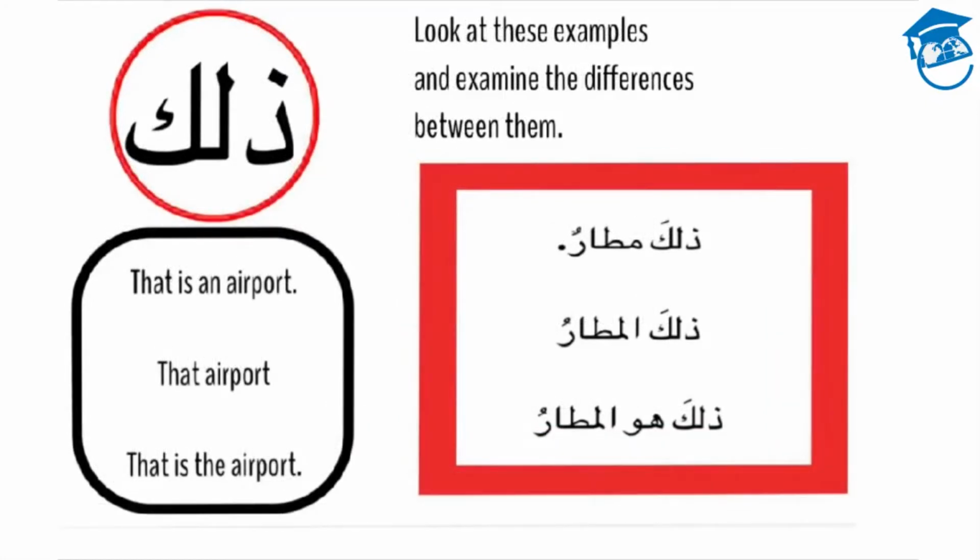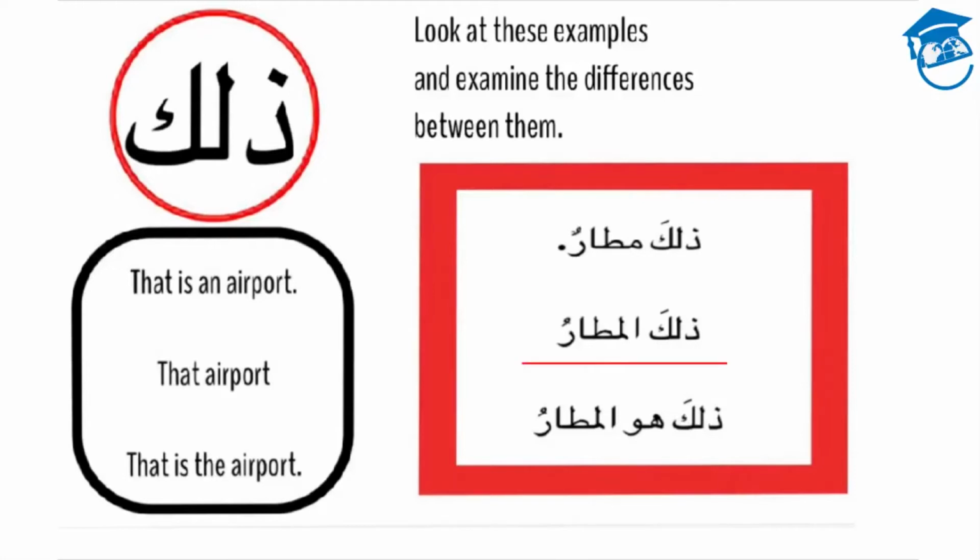Let's examine these examples grammatically. In the first example, dhalika mataron, we have a full sentence. It begins with dhalika, the ism el-ishara, meaning that, and a singular, indefinite, masculine noun, ending with nunation. Dhalika mataron. It's a full sentence, meaning that is an airport.